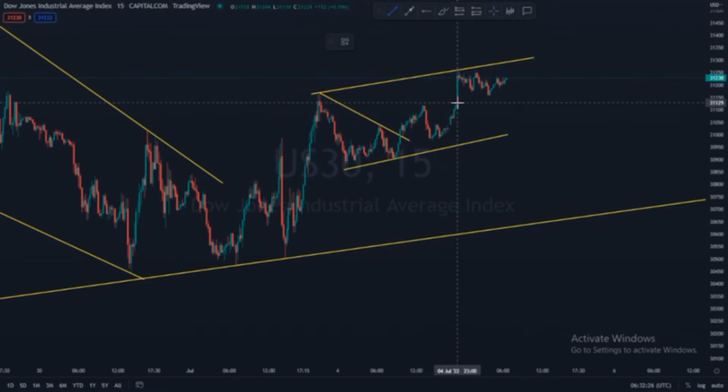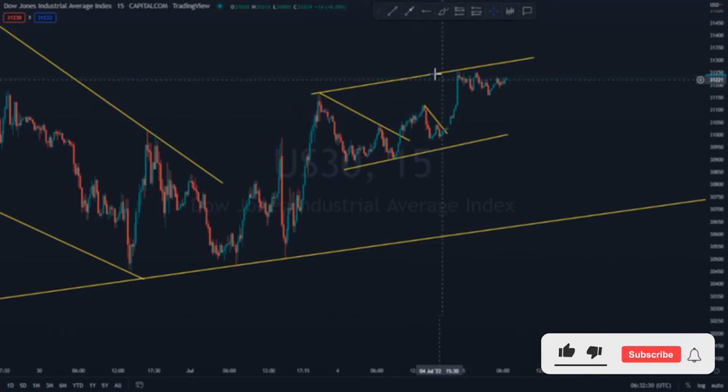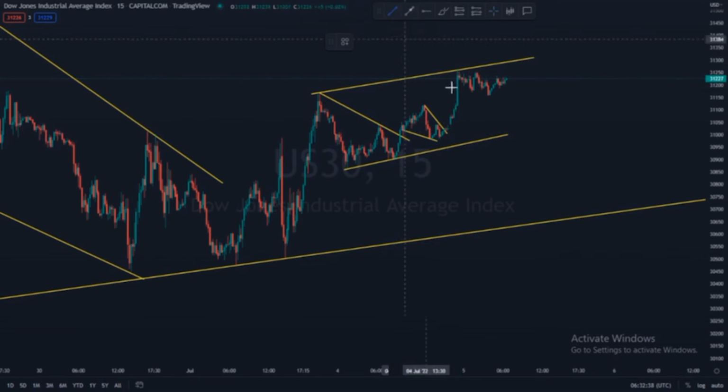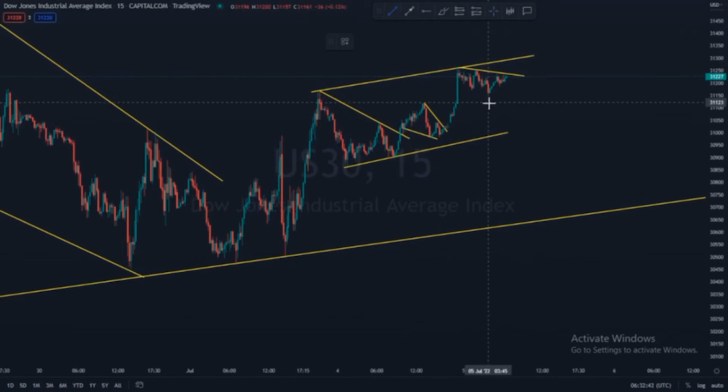Within it we have another impulse, so this also looks like another session here. This looks like another session, another impulse, a continuation impulse. So we have this and this here, and this and this here, giving us what this session is. So we have first, second and third session.